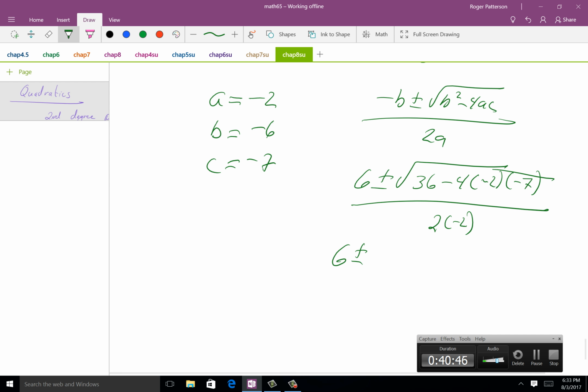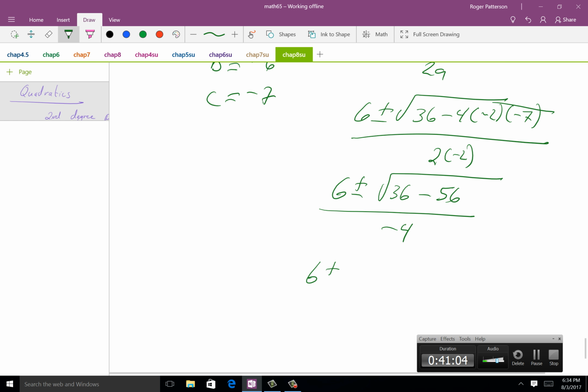6 plus or minus square root. Okay, I got 36 here, but 4 times 2 times 7, where all three of them are negative, what are we going to get there? Negative 56, good. Okay, so now I have 36 minus 56, which is a negative 20. So now I have that, okay?